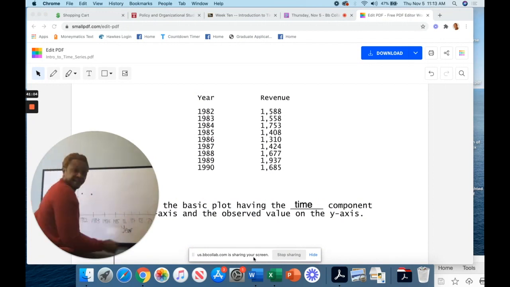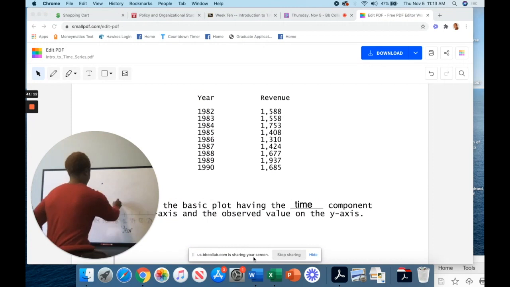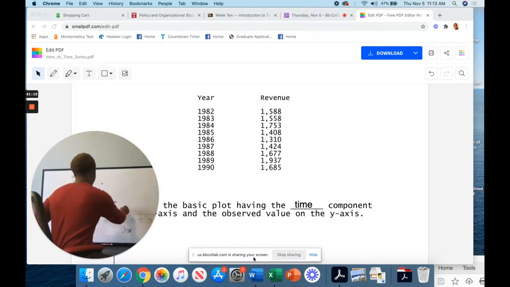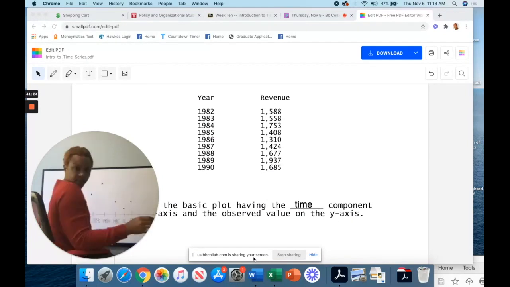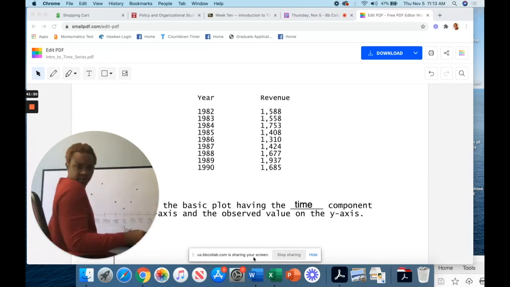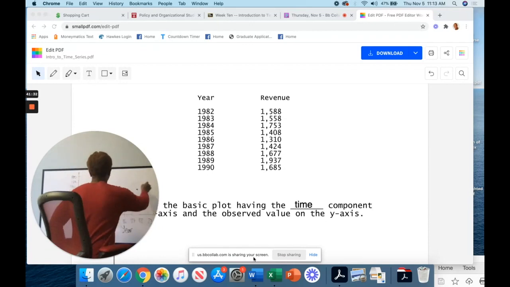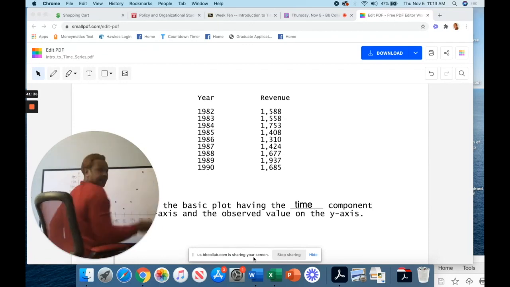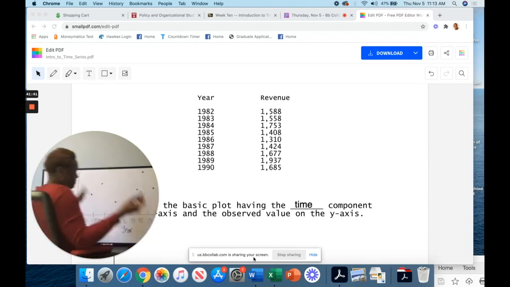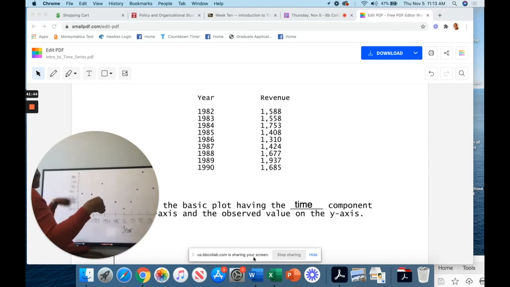Just guesstimate and finish that chart. 1753. 1408. 1310. 1424. 1677. 1937, that's way past here. And then 1685. Okay, fair enough. And then just connect the dots successively, one after the other.